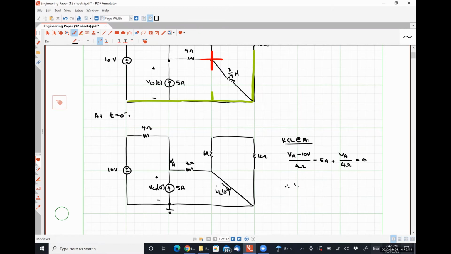And I can solve this for VA, which will be exactly the same as VCS at 0 minus. So take a moment or two and solve this, and verify that we get 15 volts.